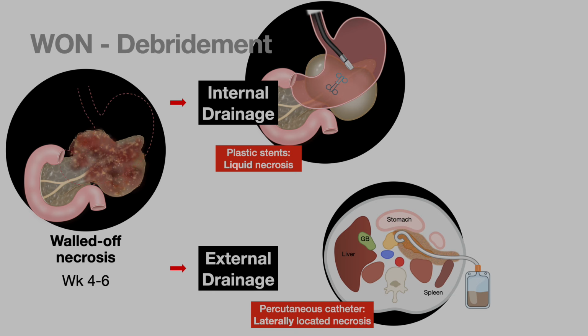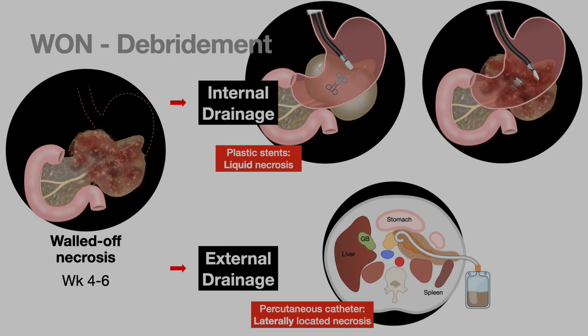So you use endoscopic ultrasound guidance, you puncture the fluid collection and dilate the tract through the stomach wall, and over guide wires you deploy a couple of double pigtail plastic stents.